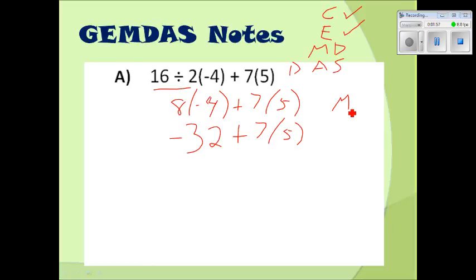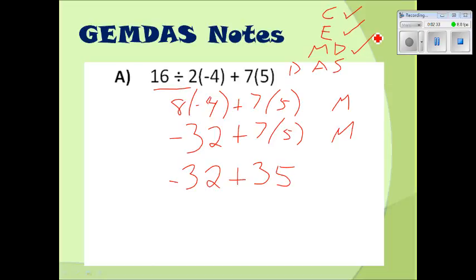Now, I still have one piece of multiplication here, so I'm not done with that row. And next I need to multiply my 7 times 5. So I still have a negative 32, and 7 times 5 is a positive 35. Multiplication and division is all done. Lastly, I can add and subtract left to right. So all I'm left with here is a negative 32 plus 35.